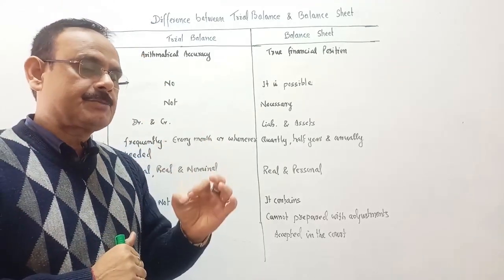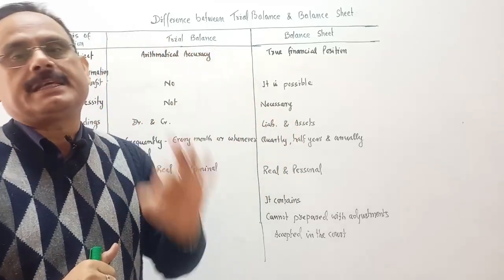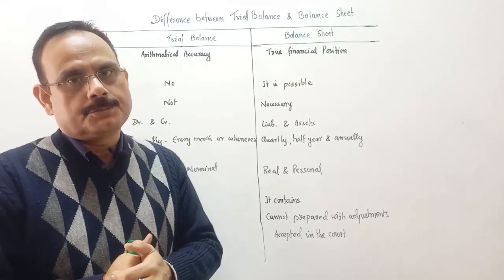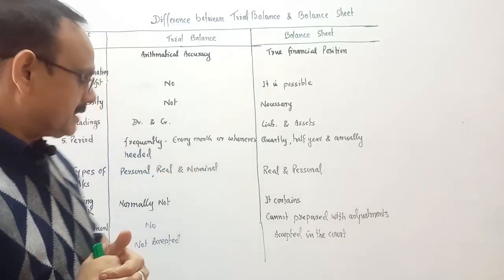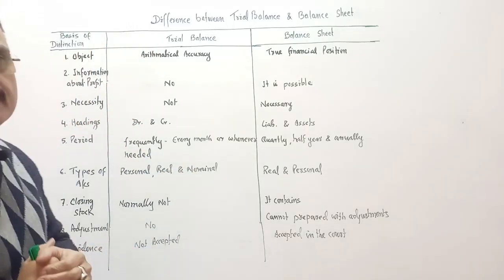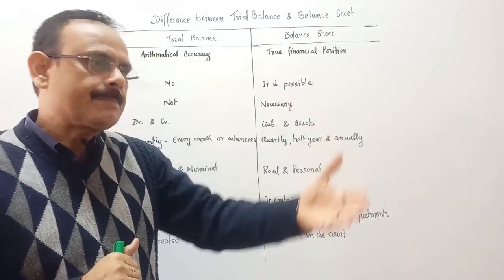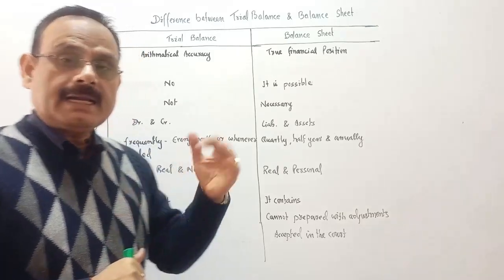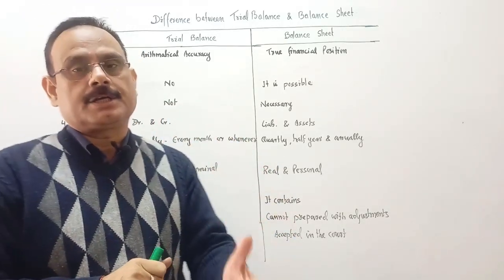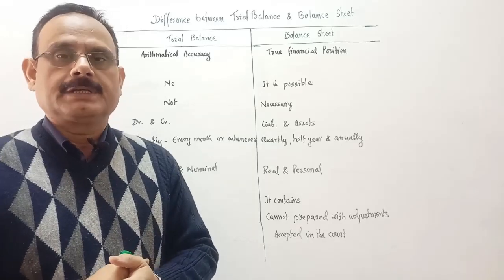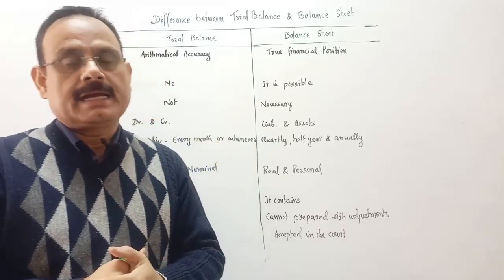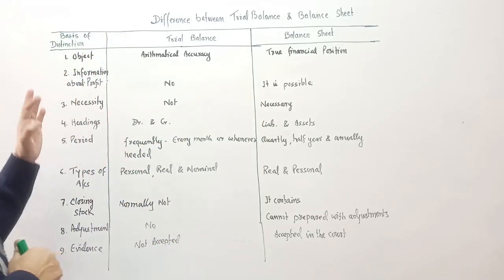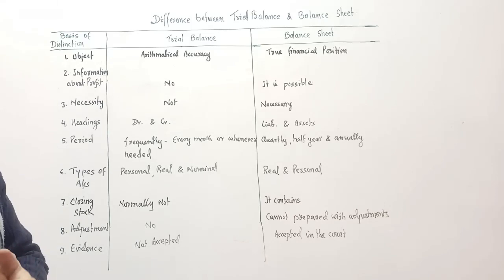So if there is an adjustment, we have to adjust it in the assets and liabilities to know the true and fair view of the position of the business. Coming to evidence, trial balance is not accepted as evidence in the court of law. But balance sheet is accepted as evidence in the court of law. Is it clear? So these are some differences between the trial balance and balance sheet.